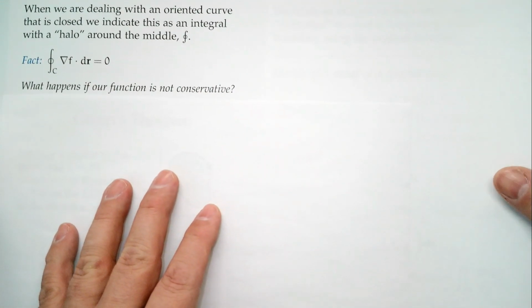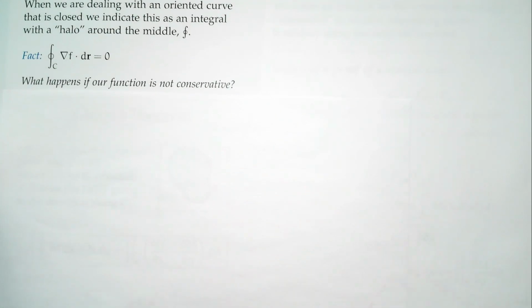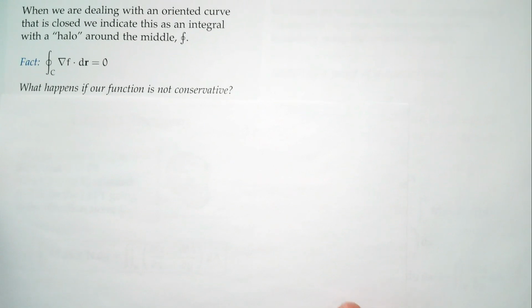But let's start with a really simple thing. So a little bit of notation. We're going to talk about integrals over closed curves. In other words, I start and I stop at the same point. The way we denote this integral is we put a ring around the integral sign.